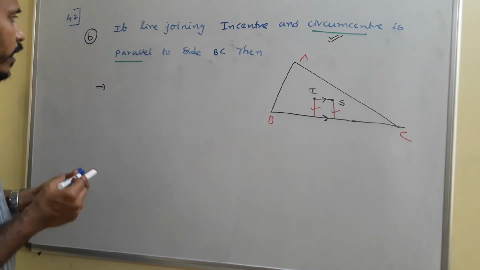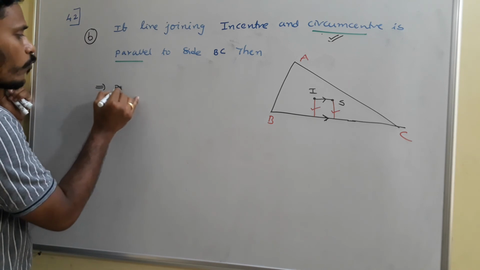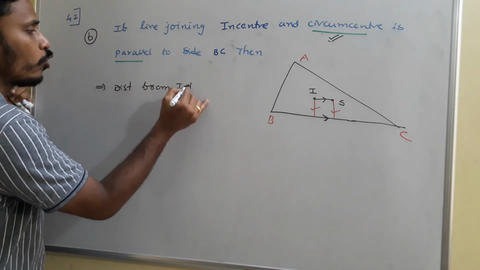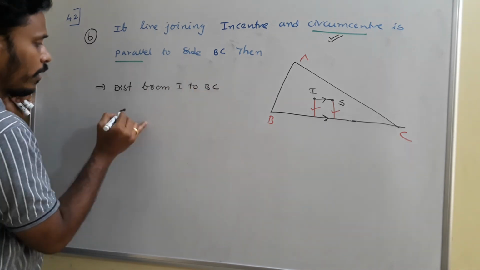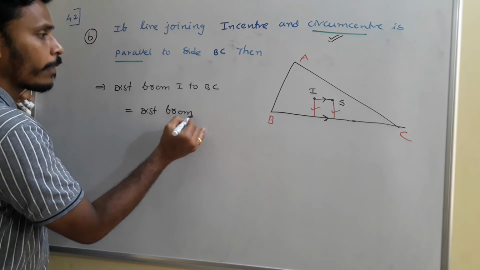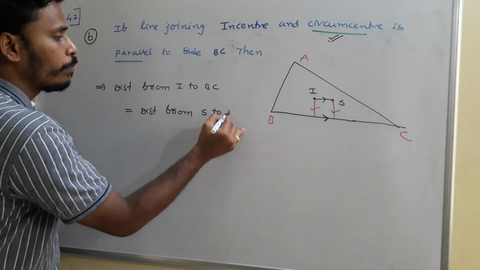So what will happen at the end? Distance from incenter to BC is equal to distance from circumcenter to BC.